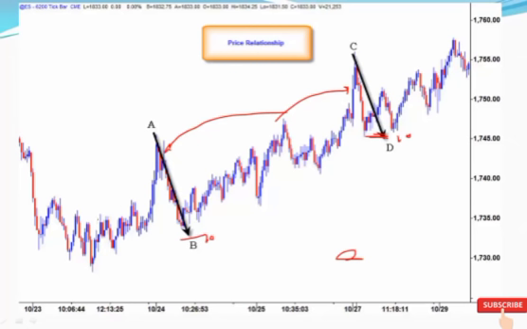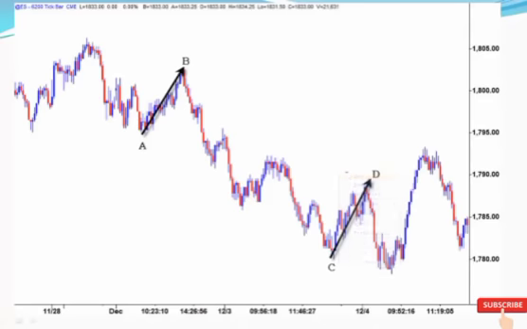Now, in a trending market, many times you'll have these same type of little A to B, C to D relationships that we look at. And in a downtrend, the same thing holds true: you have your A to B, C to D. In a trending market, we tend to look at this, and this works out to be more of an Elliott wave approach.